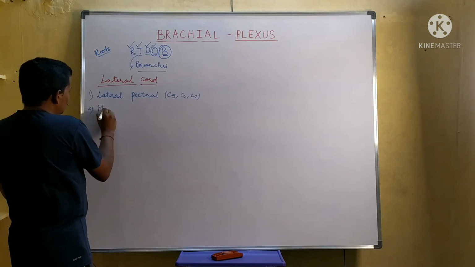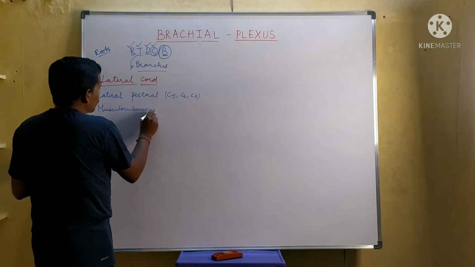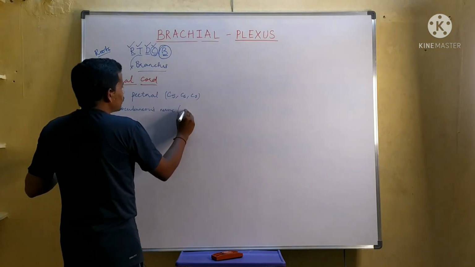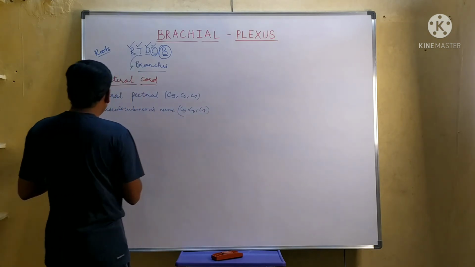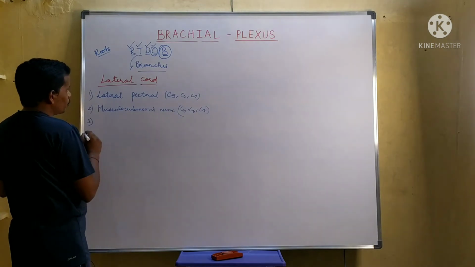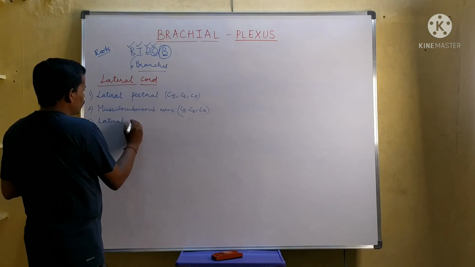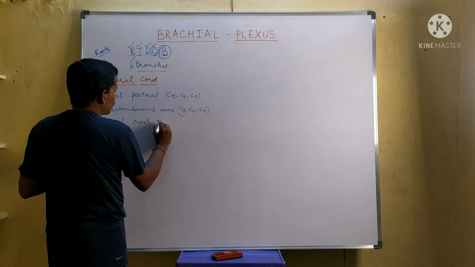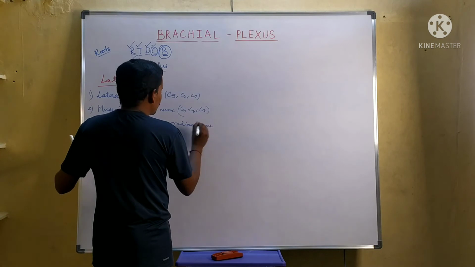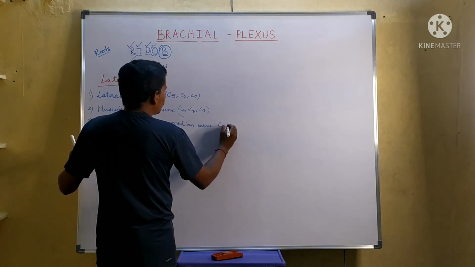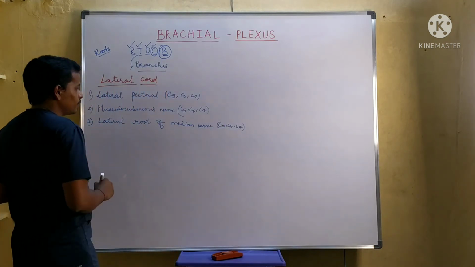Second one is musculocutaneous nerve, which is again the same, C5, C6, C7, and the third branch of the lateral cord is lateral root of median nerve. Same root value, that is C5, C6, C7.